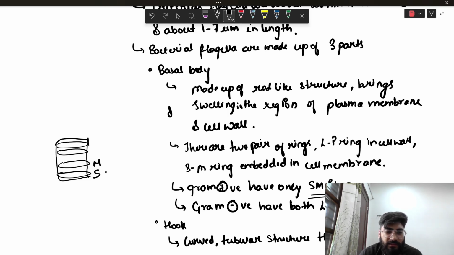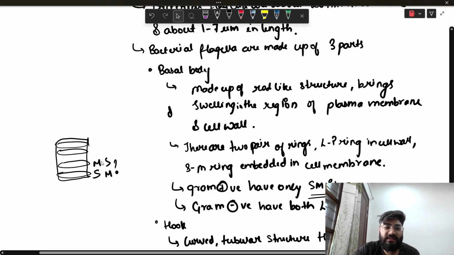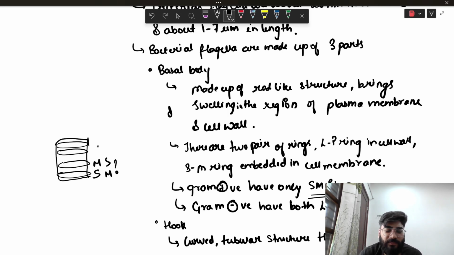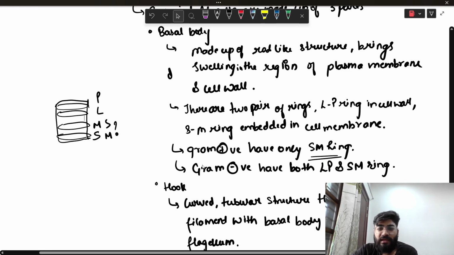It can be this or this. I have to confirm this later on. The SM rings are present inside, and the L and P rings are present outside. So gram positive only have the SM ring, but gram negative have both LP and SM rings. This is one of the details that you have to remember.